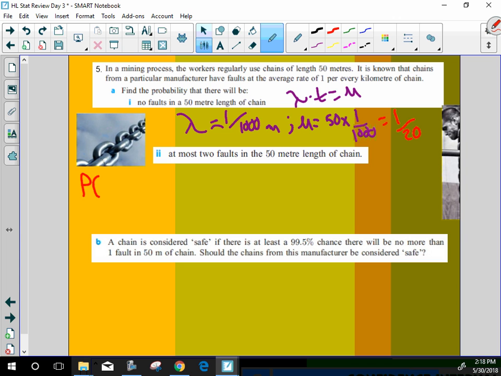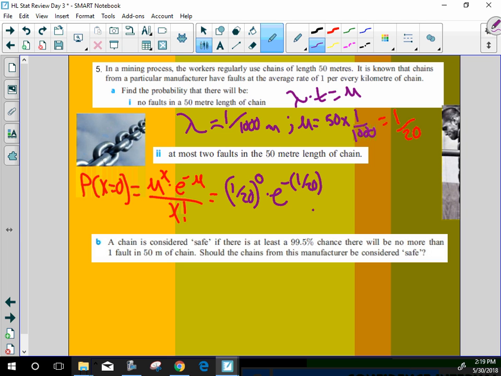So the probability that x equals 0, you just go mu to the x, e to the negative mu over x factorial. So that's just going to be 1 out of 20 to the 0, e to the negative 1 out of 20, all over 0 factorial. And that's just going to be e to the negative 1 over 20.